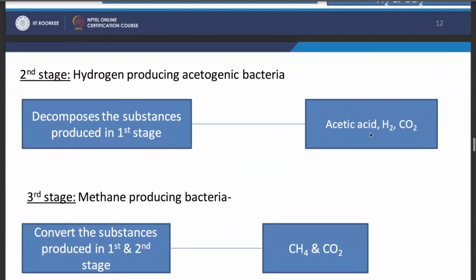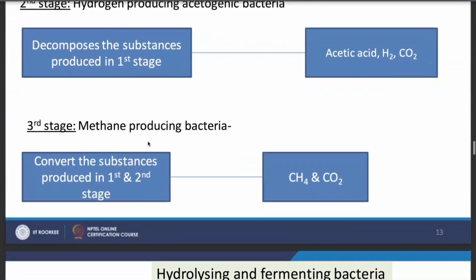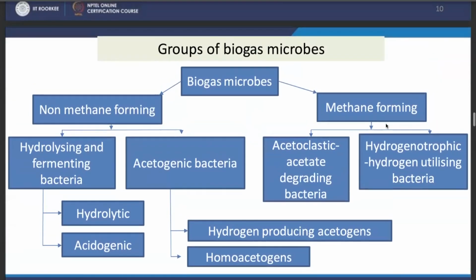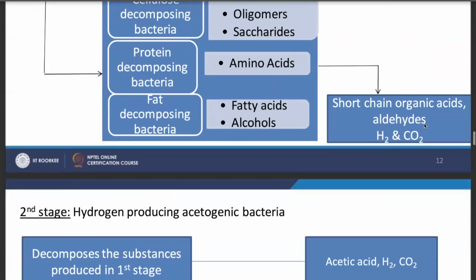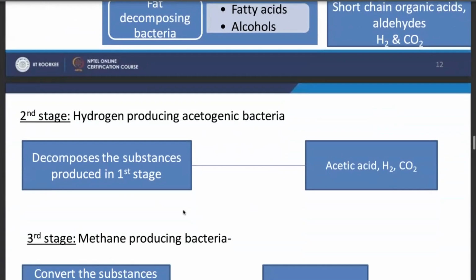The end product of the second stage will act as a raw material for the third and final stage, where we get our product, that is biogas. We will use the methane producing bacteria from the table. If you remember, methane forming bacteria. We have hydrogen as our end product in the second stage, so it will be the raw product in the third stage.